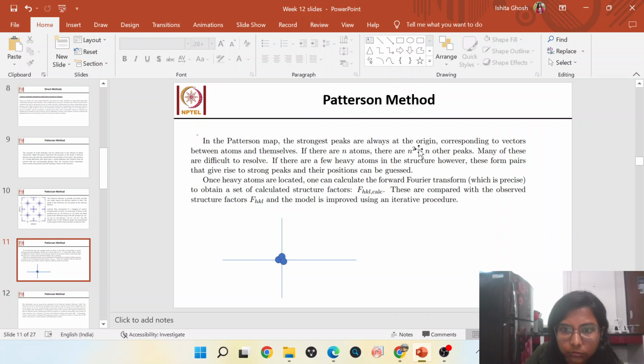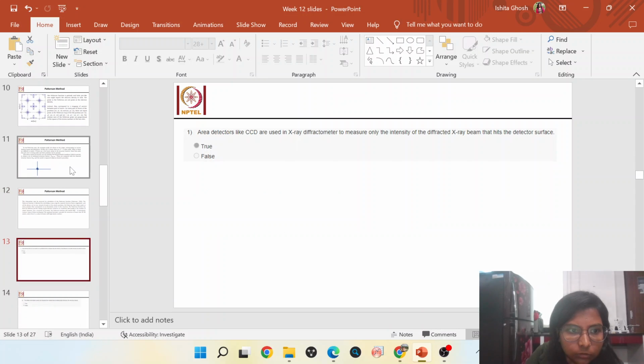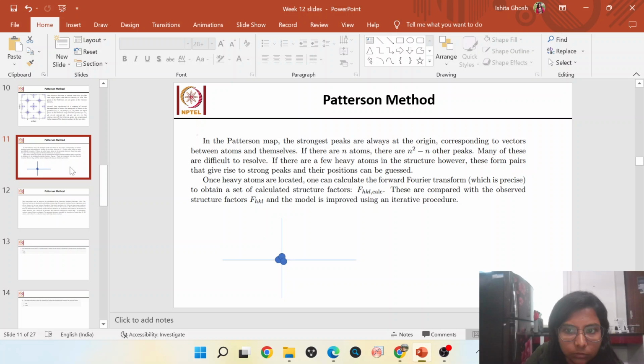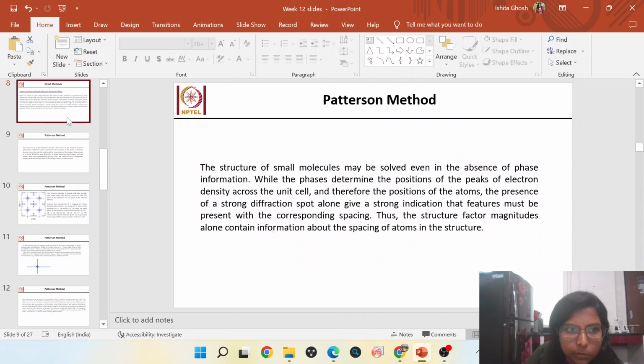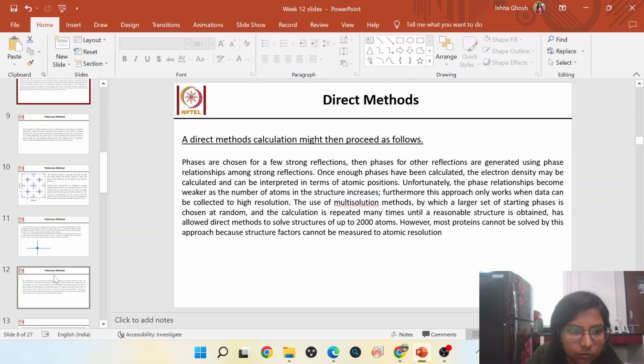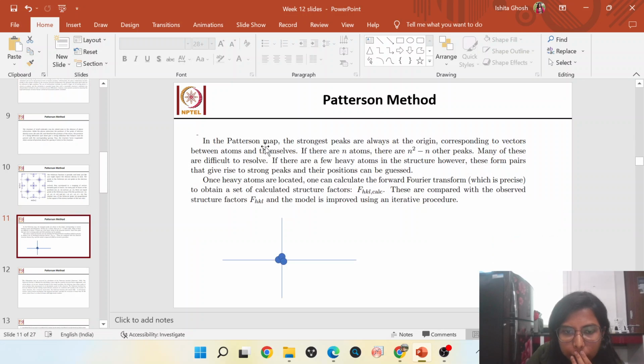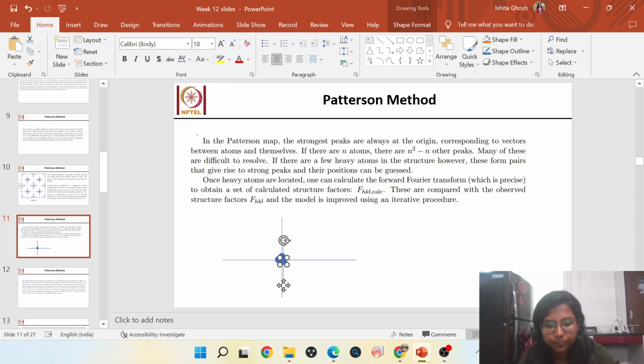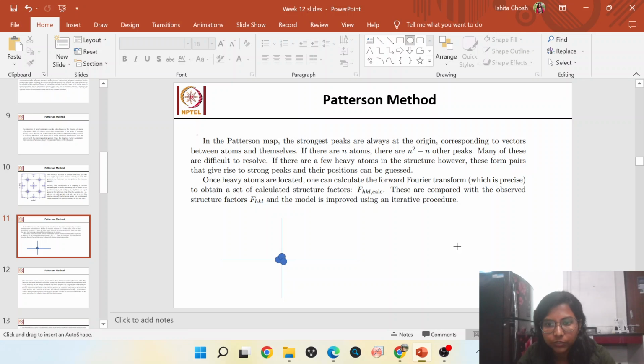In the Patterson map, the strongest peaks are always at the origin, corresponding to vectors between the atoms and themselves, and then the rest of the vectors come somewhere.